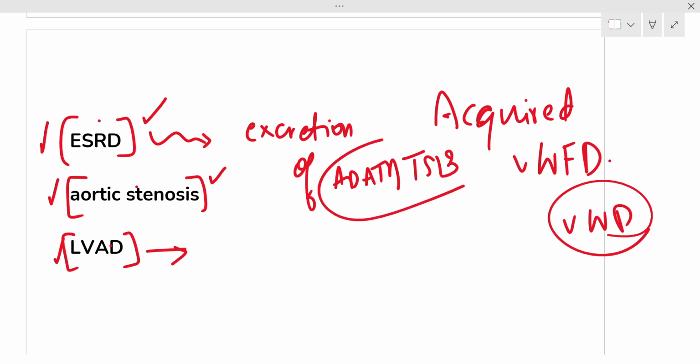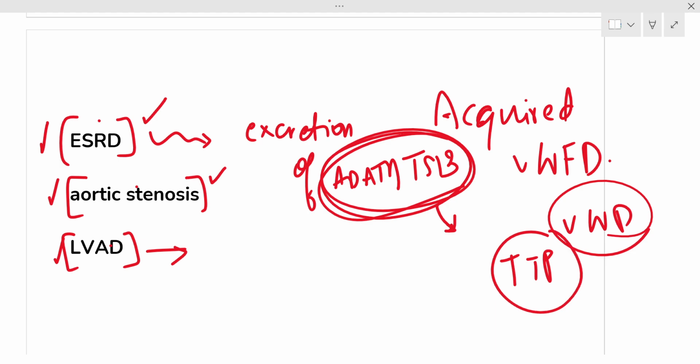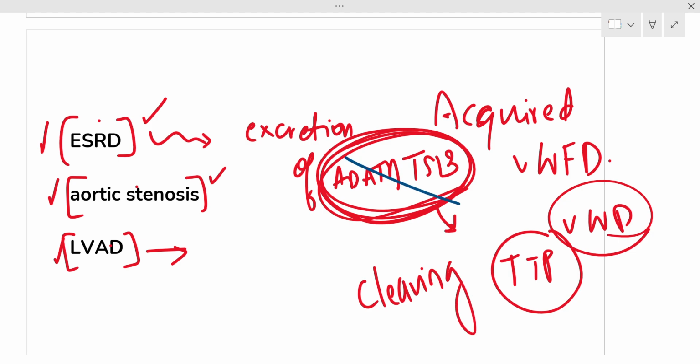This is the protein that you learned about during TTP, which is thrombotic thrombocytopenic purpura. ADAMTS13 is responsible for cleaving von Willebrand factor multimers. Now, what happens when there's no ADAMTS13? It's that von Willebrand factor multimers will form and it will get consumed, right?